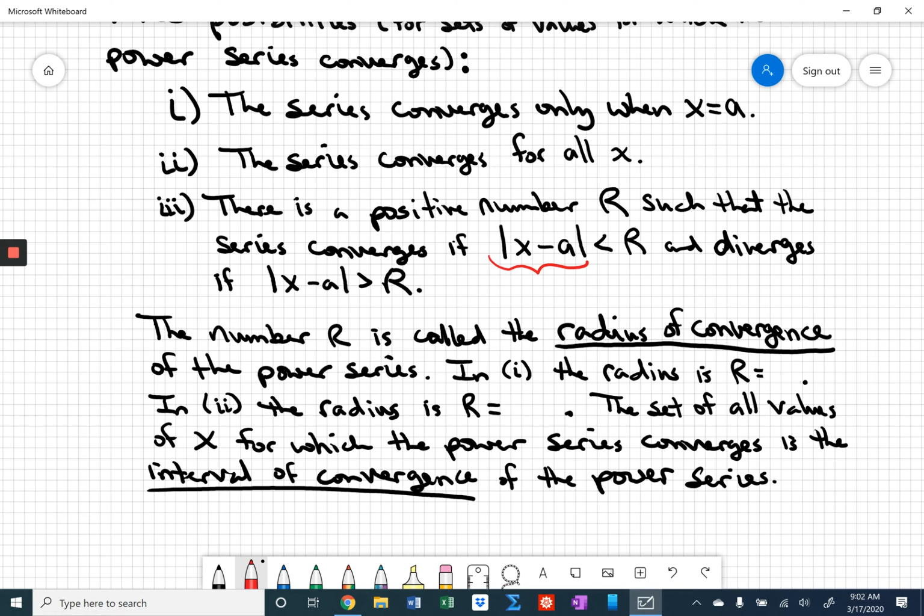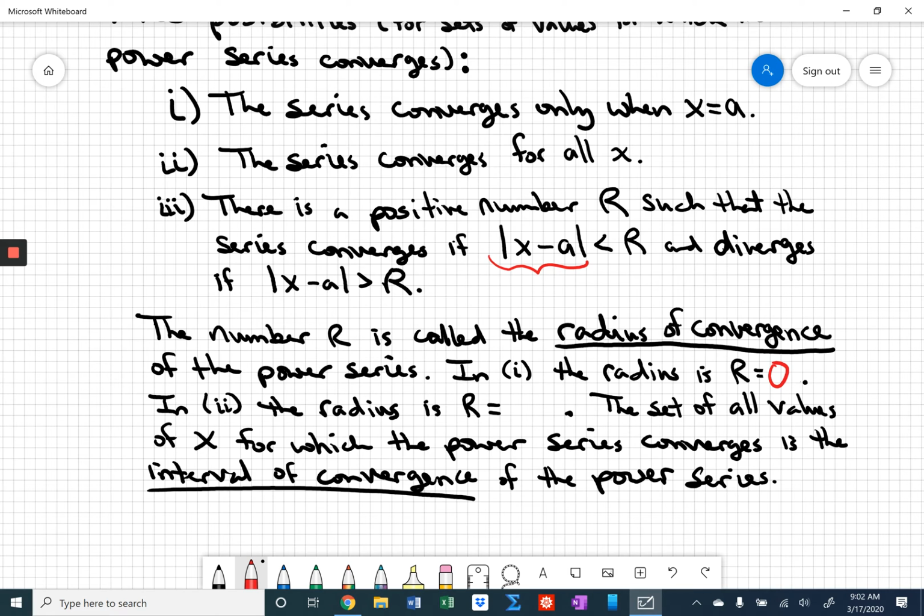Pause it if you don't want to see the answer just yet. But it is 0, because the center is a, and you're not moving at all from a to get any other values for which it converges. So the radius is 0.